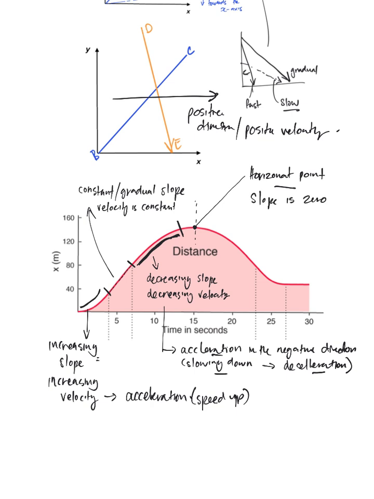And if the slope is 0, it means there's a velocity of 0. And we said if something has a velocity of 0, it can either be called stationary, or we can say it's at rest. There's no movement at that point.